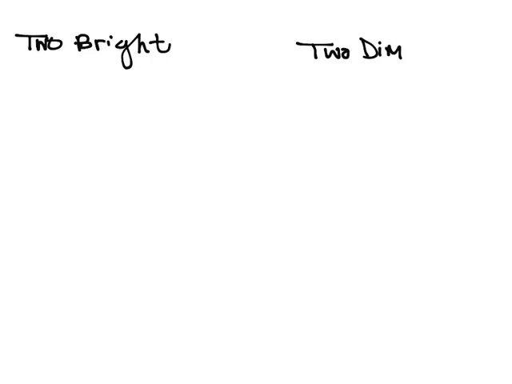Okay, so before I formally define parallel and series, I want to talk about how they're related to the lab that you did on Friday. So we had the two bright bulbs and the two dim bulbs, and if you remember, the two bright bulbs were connected to the battery so that each bulb was directly connected to the battery.